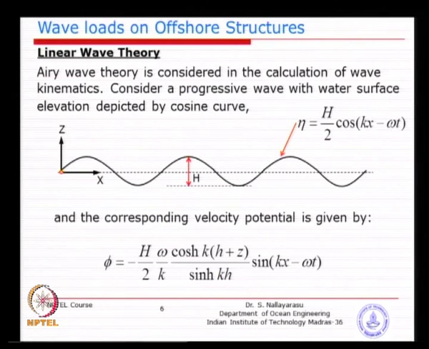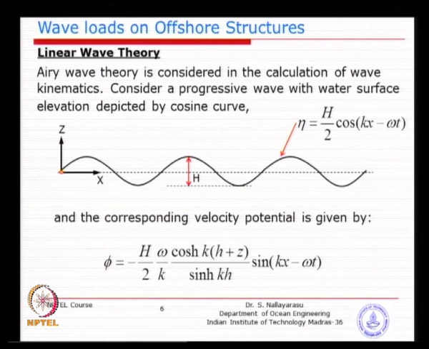Typically, if you look at linear wave theory, you could describe this by a sine form or a cosine form in this simplified equation. Why we have put H by 2 instead of amplitude is because H by 2 is the same whether it is crest or trough. If you have a non-symmetric waveform, then you can't write that, you have to write it as amplitude, because the amplitude differs at different locations, whether it is trough or crest.